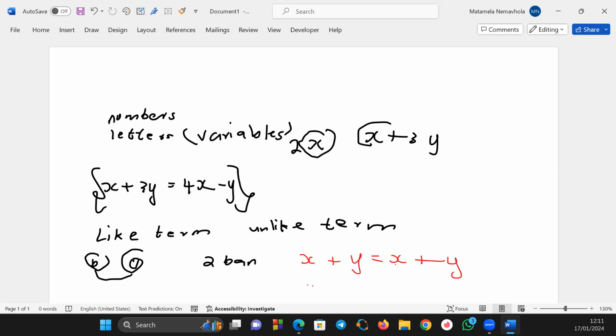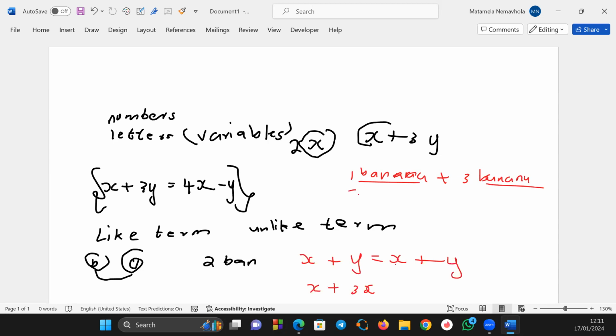But if you have x plus 3x, you can see that here you have x and you have x again. It's the same. It's like you have one banana, I'm just trying to write it so that you can understand it, and plus 3 bananas. Obviously, because they are all bananas, you can add them.